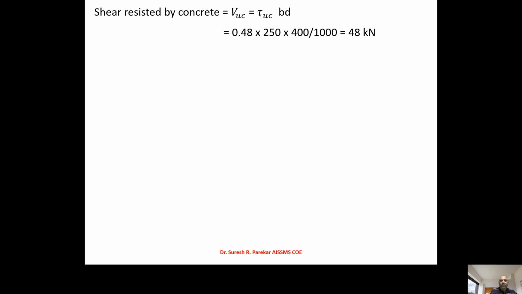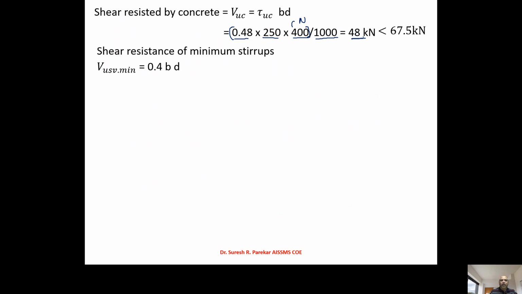Tau uc we have taken from table 19, 0.48, b is 250 into 400, which is effective depth, and divided by 1000 because this total value is in Newton and to make it kilonewton we multiply by 10 raised to minus 3. This gives us 48 kilonewton, that is Vuc, which is less than 67.5 kilonewton. So we have to provide shear reinforcement.